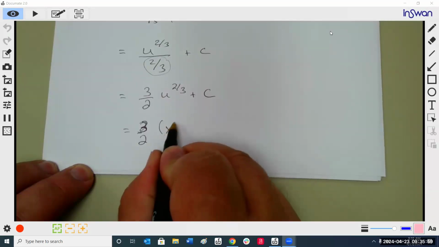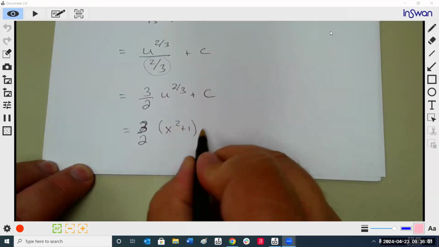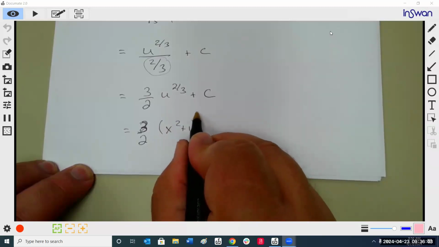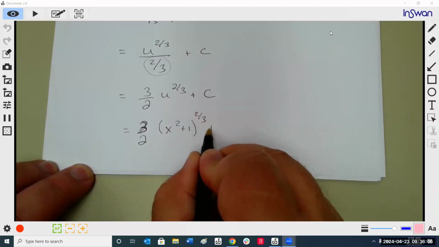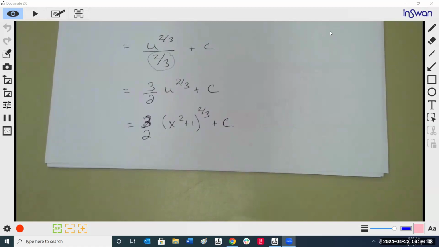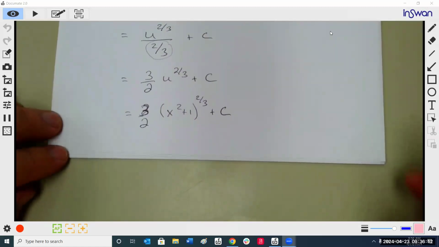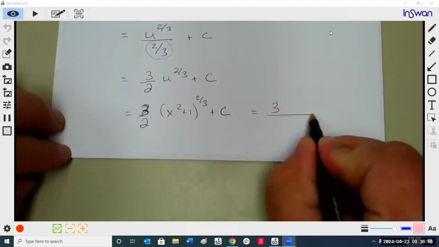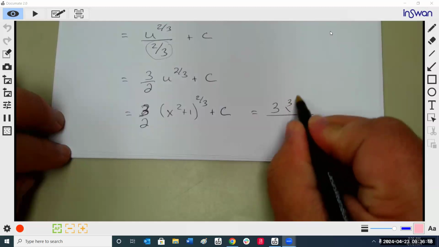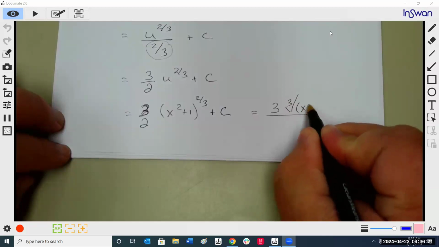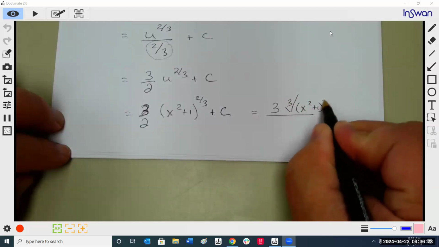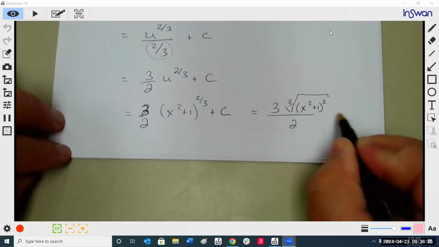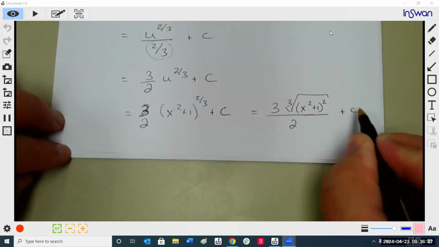u was x squared plus 1. Which could be rewritten as the cube root of x squared plus 1 squared over 2 plus c.